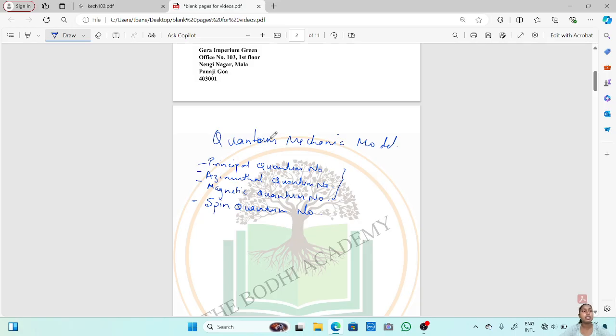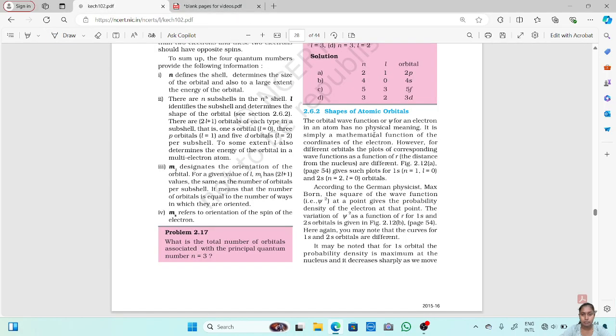Now let's see the shape of the atomic orbitals. Atomic orbitals have a wave function, that is psi. For an electron in an atom, it has no physical meaning. It is simply a mathematical function of the coordinates of the electron.